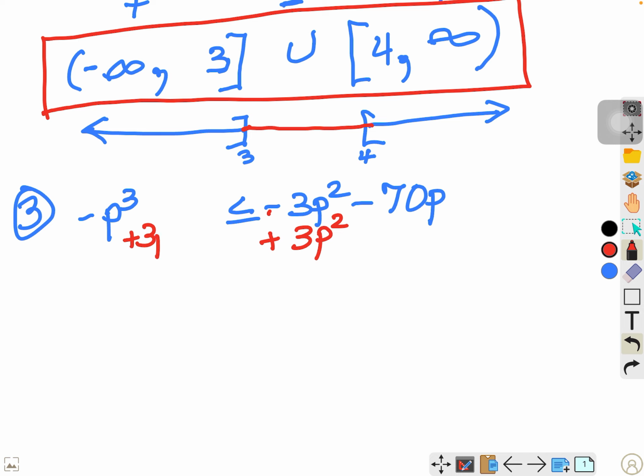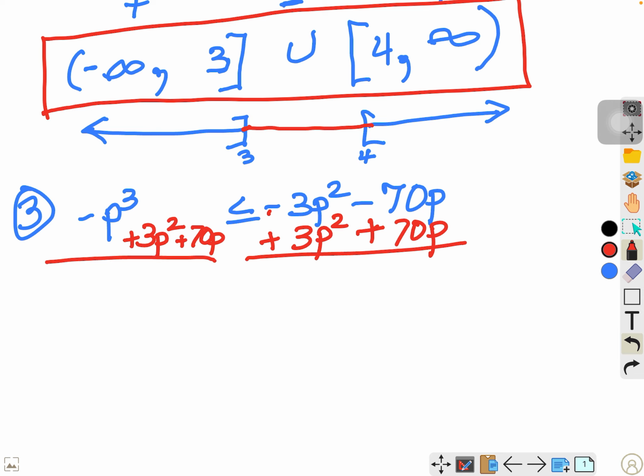And we're going to collect like terms as we go. On the left, there's no other p squared term, so we start a new column. And we're going to add 70p to both sides. Okay. So now what happens? We just get to list the 3 terms because they're all different.